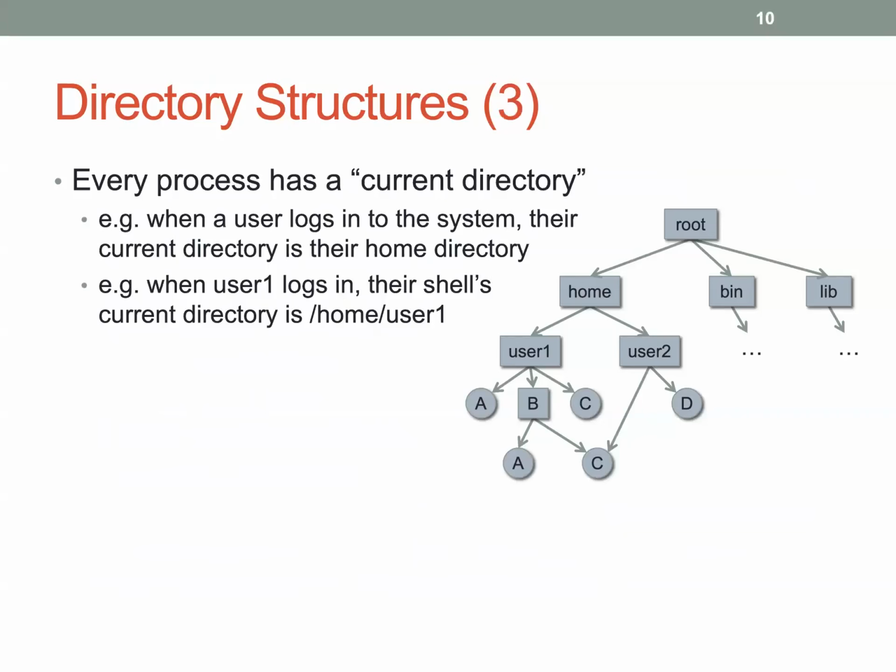Okay, every process has a current directory. This is something that you'll actually have to implement in Pintos. The current directory allows you to do relative accesses to the file system instead of always having to specify an absolute path. And you all see this when you work at a command shell, because your current directory will be the directory that your file system operations are relative to.